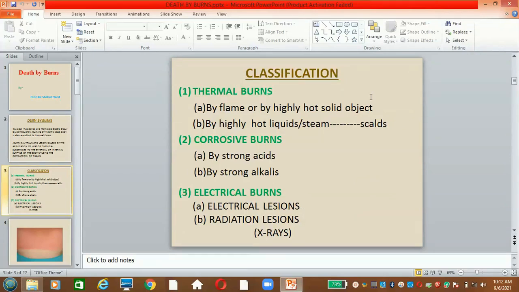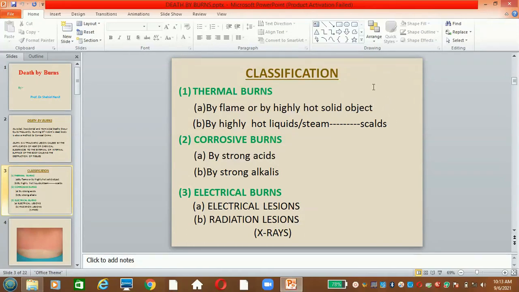Classification of burns. Burns can be thermal burns, which can be of two types, caused by flame or highly hot solid object, called dry burns, and then burns caused by highly hot liquids or by steam, called scalds.